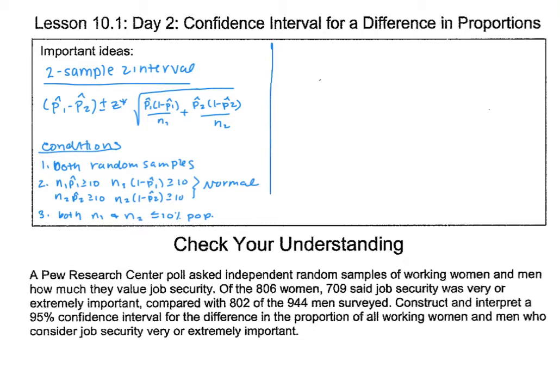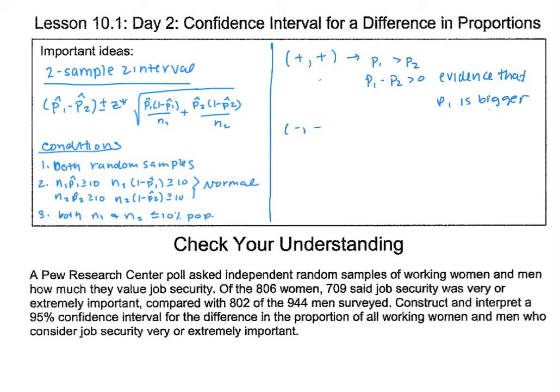Then you've got your interpreting part, and we kind of talked about this at the end of the last problem we did. If your entire interval is positive, then P1 is greater than P2. So it's positive everywhere, which means P1 minus P2 is greater than 0. So there's evidence that P1 is bigger, and you would just interpret that in the context of the problem.